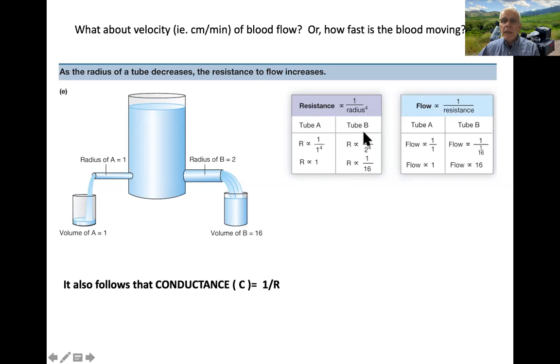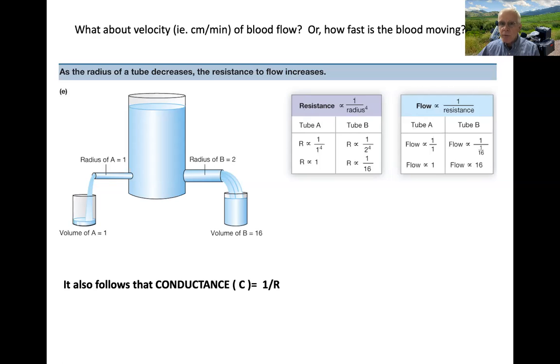Tube B, because the radius is now 2, it's 2 to the 4th. 2 times 2 is 4, times 2 is 8, times 2 is 16. So the resistance is different. It's only 1/16 of what it is over here. Because the denominator increases in size, this value becomes less mathematically.